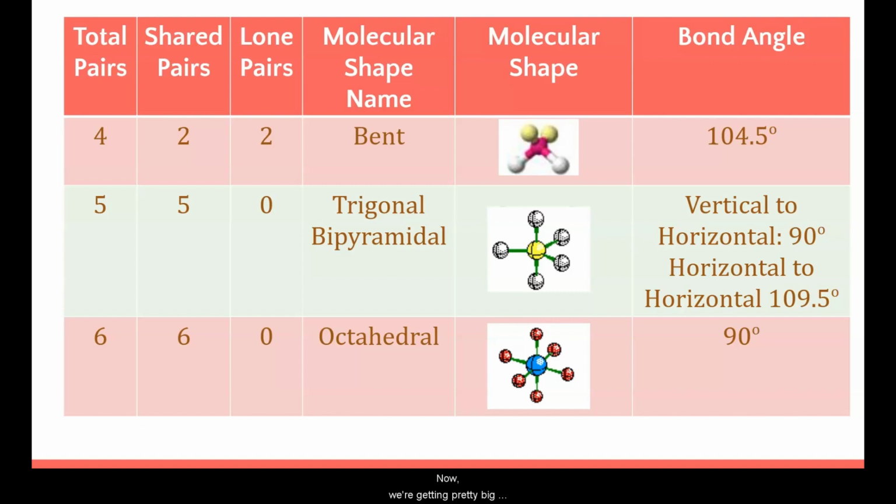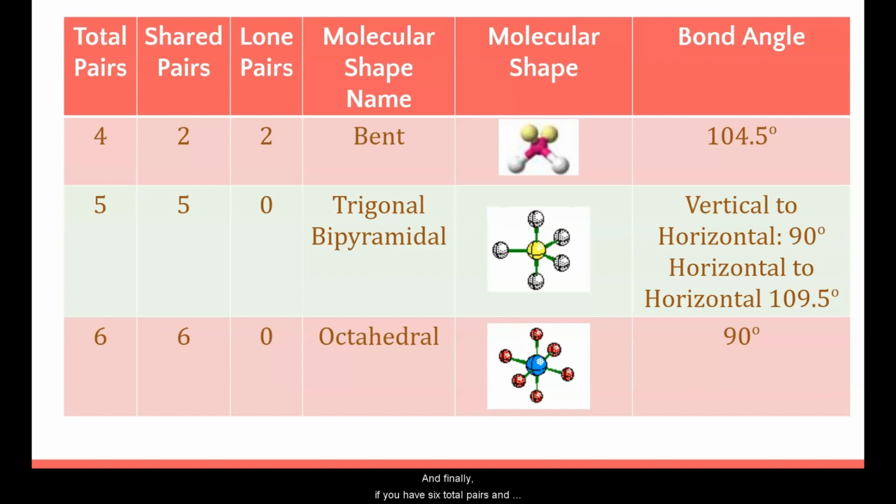Now, we're getting pretty big elements now, but if you have 5 total pairs and 5 shared pairs, which would be almost an expanded octet, you're going to be trigonal bipyramidal. If we're measuring the angle from vertical to horizontal, it's going to be 90 degrees. And if you're measuring it from horizontal to horizontal, that is 109.5 degrees.